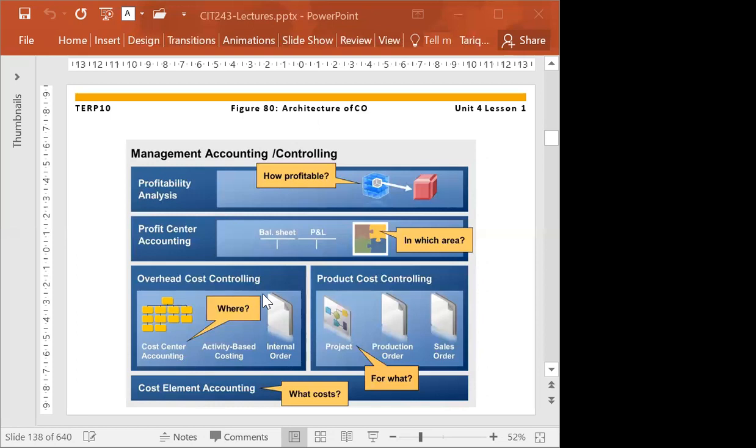Again, I'll give you the example of a photocopy machine. In my college, we have a photocopy machine center, and they keep a record of all the photocopies that different departments make. For example, we have the computer information technology department, the business department, the supply chain management department, the human resource department, and the safety technology department. All department faculty members go and get the photocopy job done. That photocopy center is a cost center.